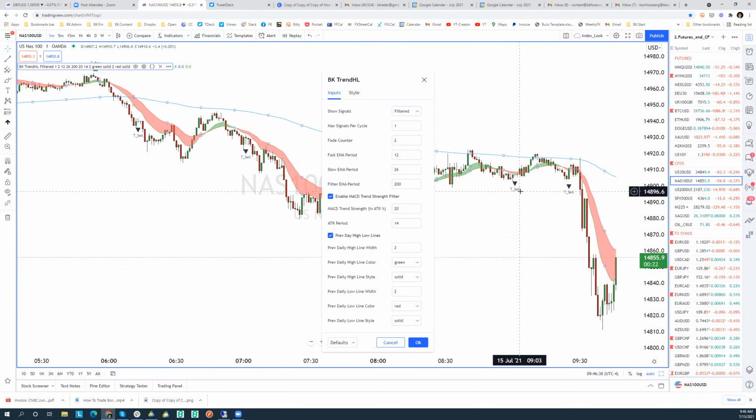Okay, so I think I know what happened here, but unfortunately, there's nothing I can do because you're always going to get tiny little differentials in price. One of the filters that we have in here that generates these signals has to do with the width of the trend, because we don't want a very narrow trend.